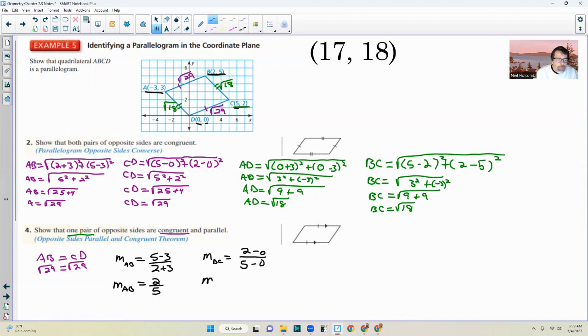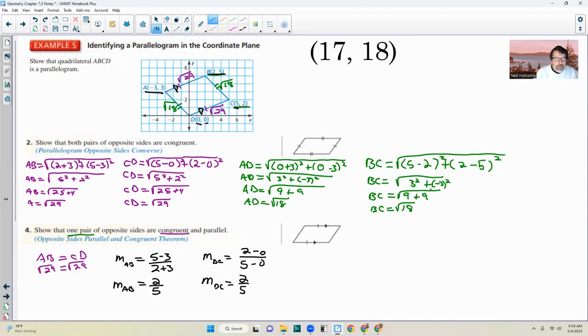So the slope of DC equals 2 minus 0 over 5 minus 0. Okay, so the slopes are equal, the sides are equal. So since the slopes are equal, these two are parallel. So I have AB is parallel and congruent to CD, and we wouldn't need to have found the lengths of the other sides.